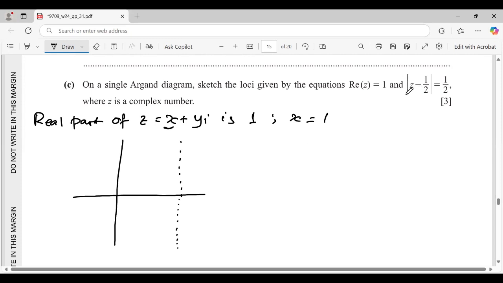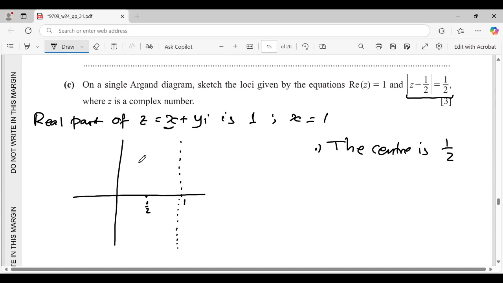Next, this equation, modulus z minus 1/2 equal 1/2, represents the set of points at a constant distance from 1/2 on the complex plane. So the center, based on that information, is 1/2. So if this is 1, it means the center is here, 1/2. And the coordinate point is, of course, 1/2, 0.